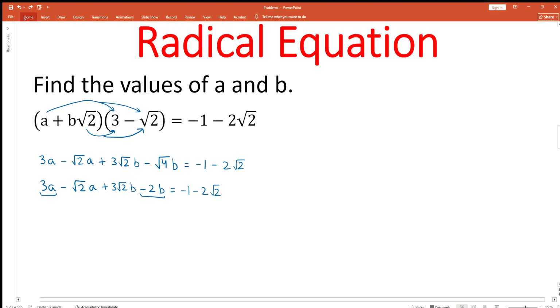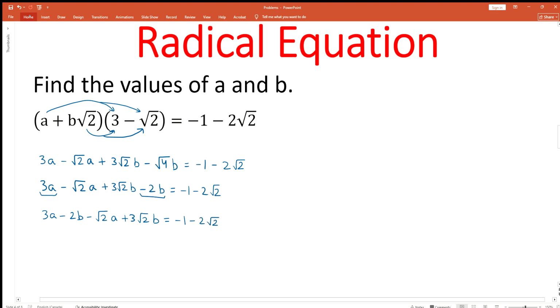So I get 3a minus 2b minus square root 2a plus 3 square root 2b equals negative 1 minus 2 square root 2.